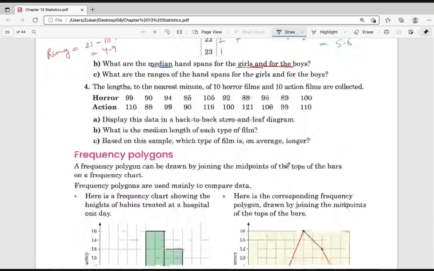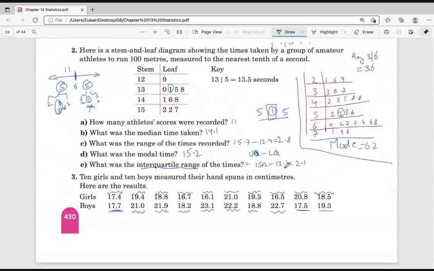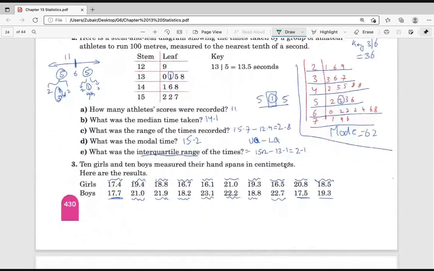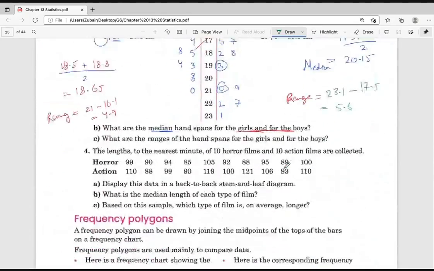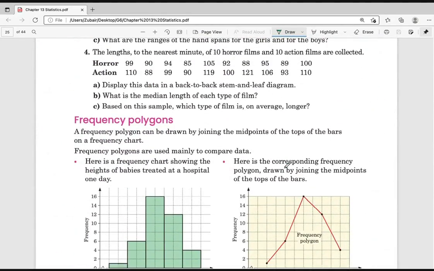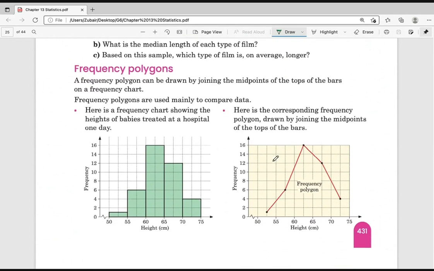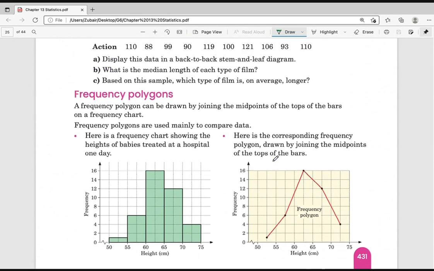So this was stem and leaf. This is exercise 13.3a. And the boys are trained, they know what to do. Only one question is left. Have you done frequency polygons first? No, sir, I didn't understand that. Okay, we'll study them tomorrow.